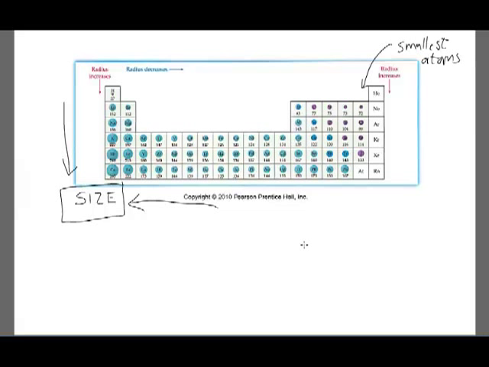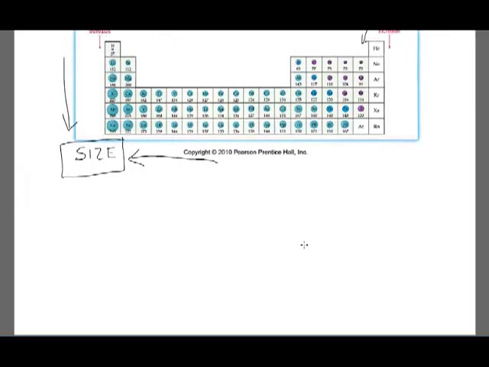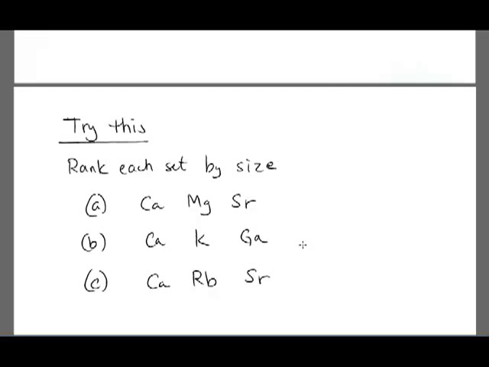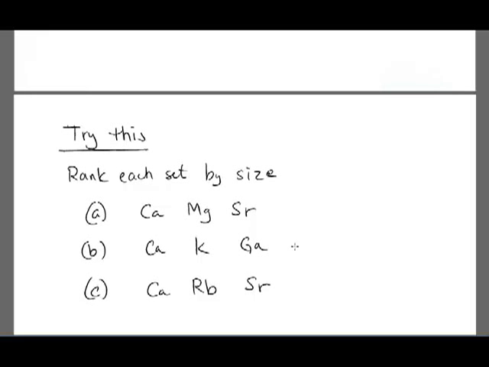You can use it to compare different atoms. So let's go down and look at some problems for you to try. I want you to rank each of these three groups according to size, which one's the greatest, the middle, and the smallest size. So do that, and then we'll talk about those.